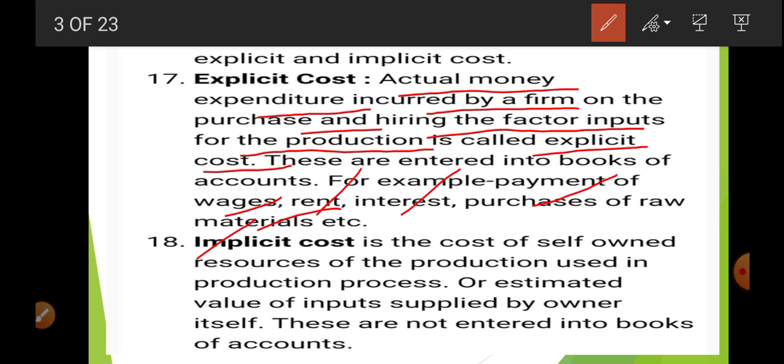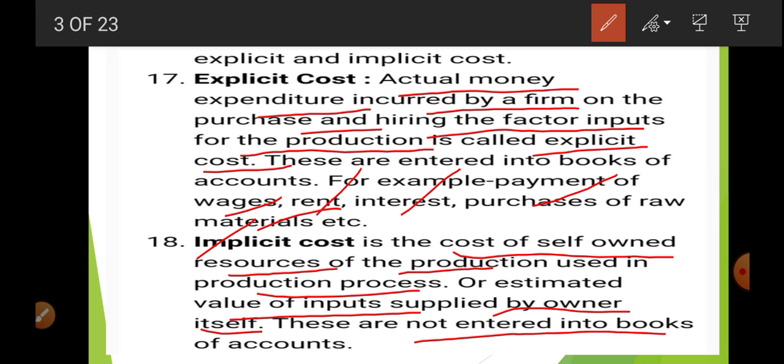Now, what is implicit cost? It is the cost of self-owned resources used in the production process, an estimated value of input supplied by the owner itself. These are not entered into the books of account. Simply, like if you had opened a barber shop in your own home, you do not have to pay any rent for that room.